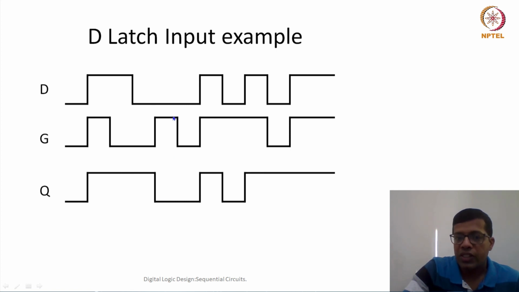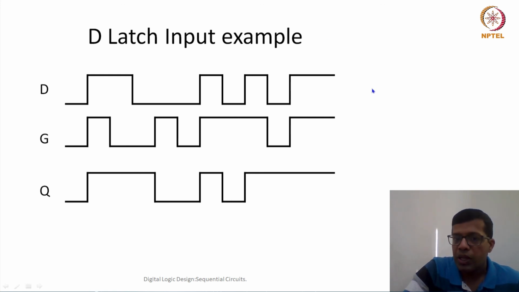Further, after some time, G has become 0, but because it is 0, it is still not looking at the value of D. Whatever the previous state was, 0, will be extended till G becomes 1. Whenever G becomes 1, we start looking at our D value.